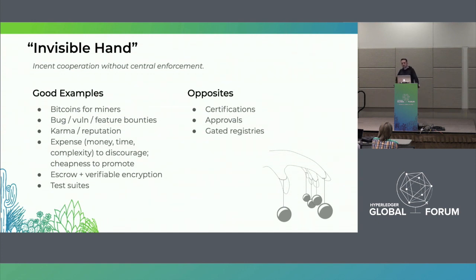Now there's some opposites to this. Certification programs sometimes could be a form of opposite. Not always. A test suite and a certification are not that far apart. Having centralized approvals is kind of an opposite thing. And by the way, I call this an opposite, not an anti-pattern, because there's good reasons to do the other.